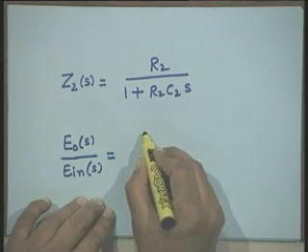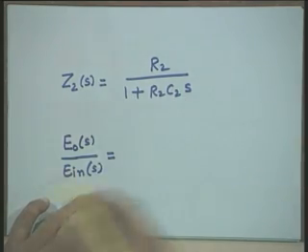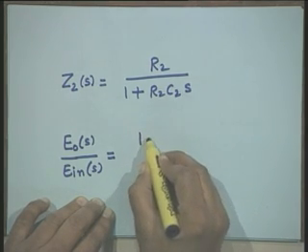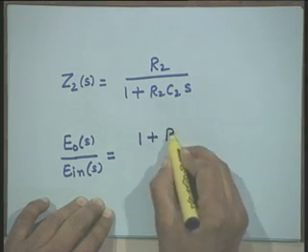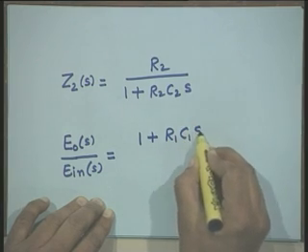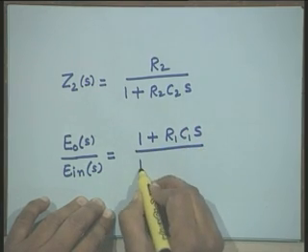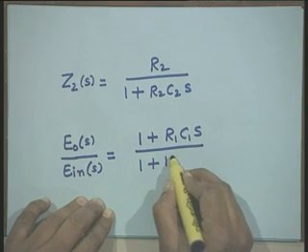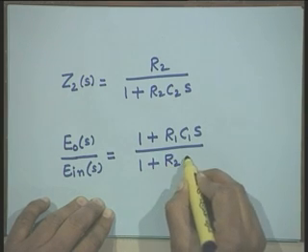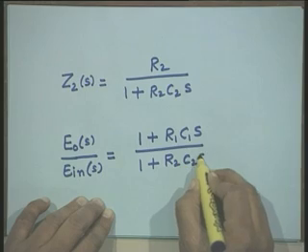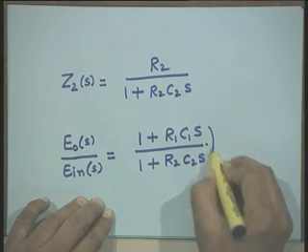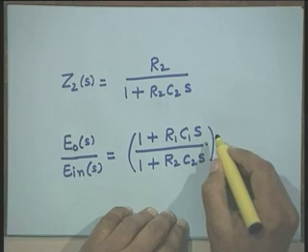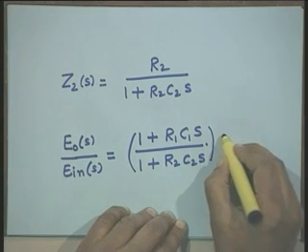ZF is here, and Z1 we have already. Therefore, when you divide, it will come out to be (1 plus R1 C1 S) divided by (1 plus R2 C2 S), multiplied by R2 by R1.